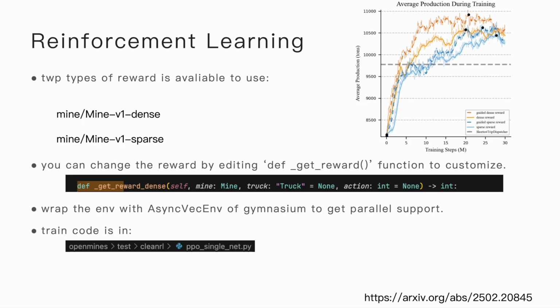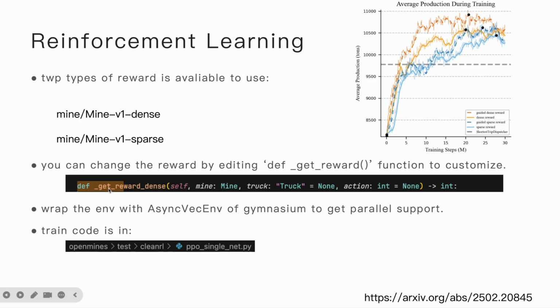So there are 2 types of reward functions. One is called the dense reward, another called the sparse reward. I have done detailed research on them in my paper below. And the dense reward is generally better than the sparse one, especially when we use some guiding technique.